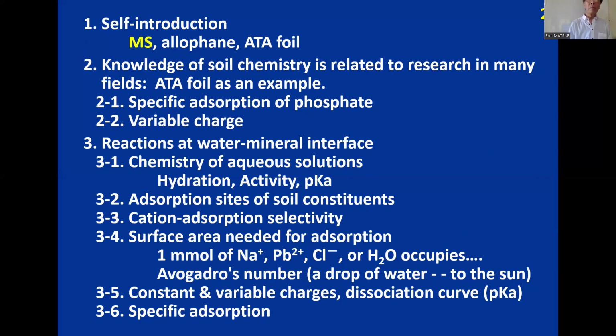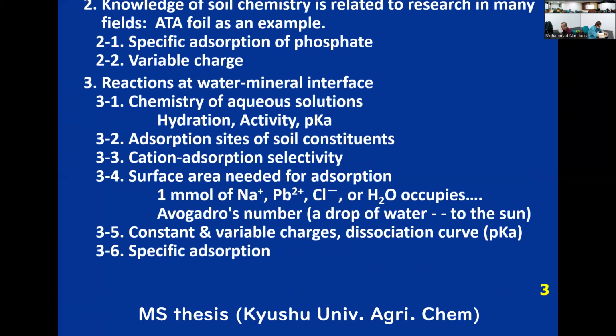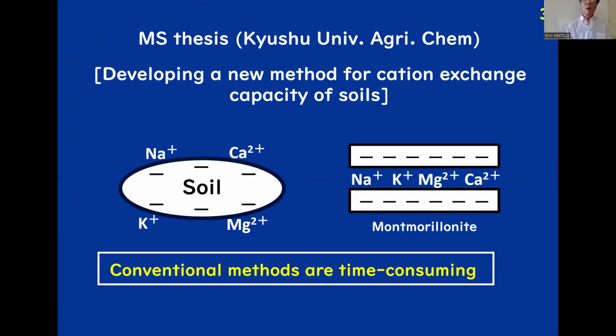At first, I want to talk about my master thesis from nearly 40 years ago. My master thesis was to develop a new method for cation exchange capacity of soils. Do you know cation exchange capacity?